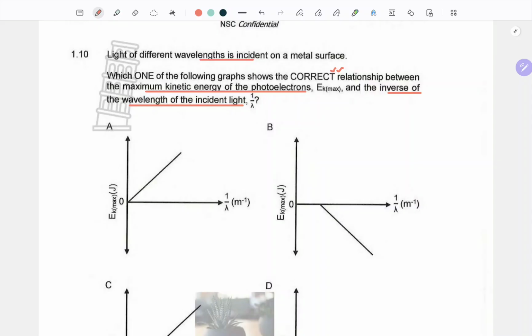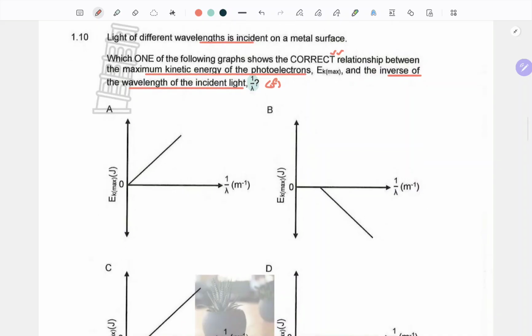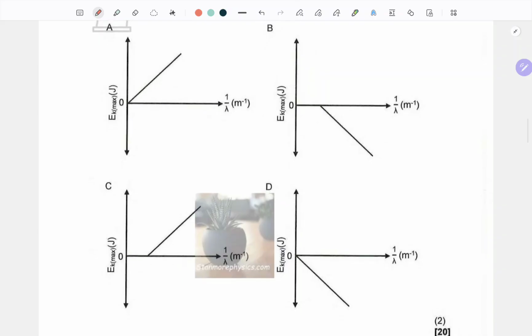Now it helps to understand the inverse of the wavelength is essentially frequency as a surrogate. So a student who knows this, we know that as the frequency increases, or the inverse of the wavelength increases, the kinetic energy will also increase, of course, from threshold until God decides it's over.